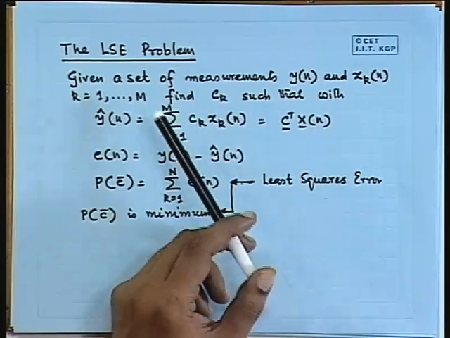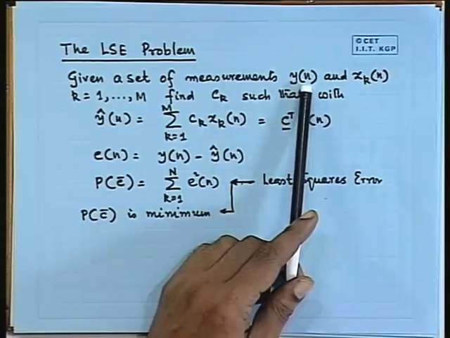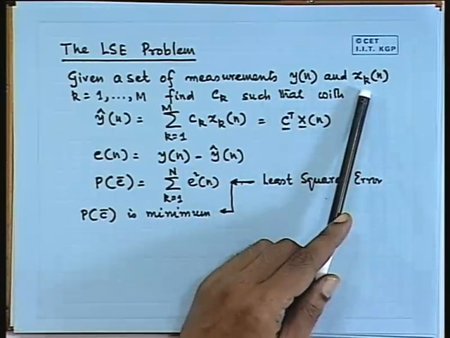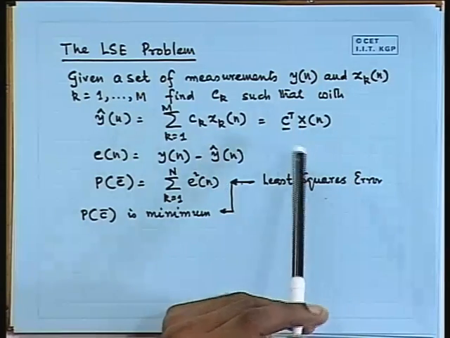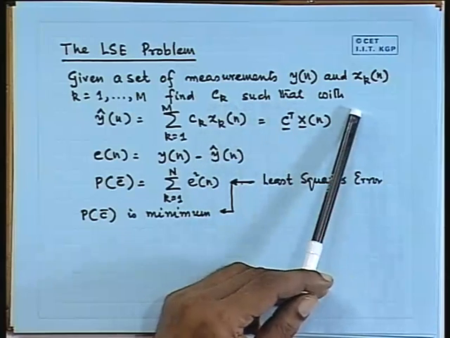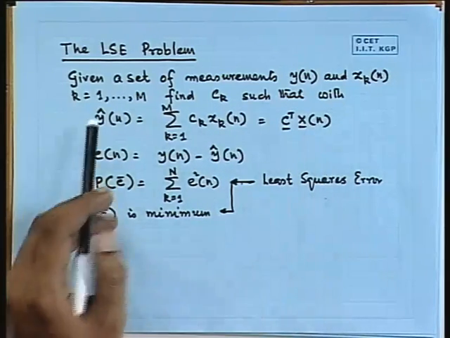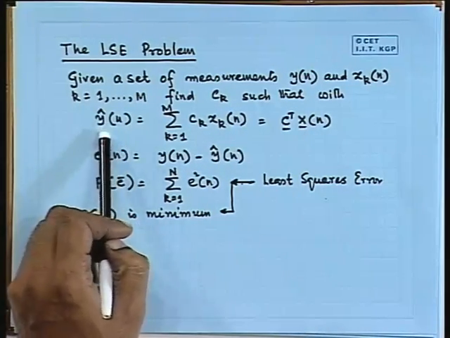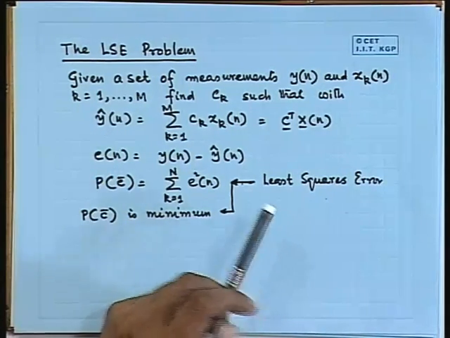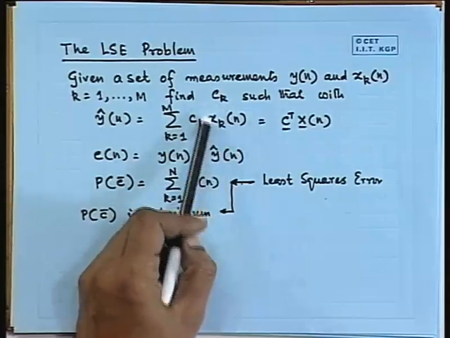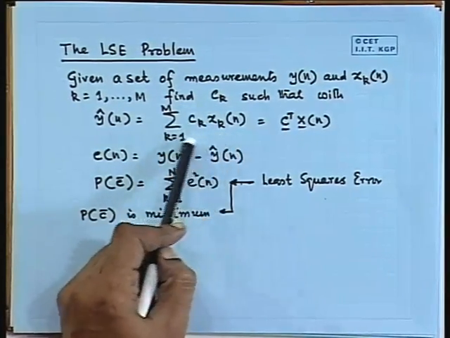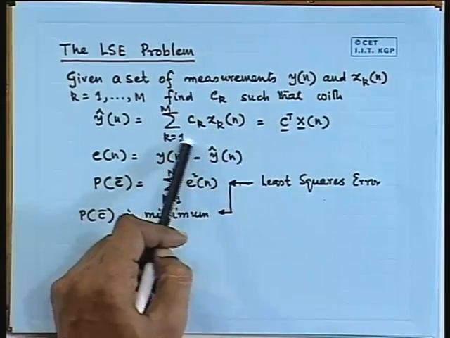Only thing is that it says that given a set of measurements yn and xkn, we want to find a set of coefficients ck such that if we compute an estimate y hat n, this is not yn, this is y hat n, using m values of xkn, and then weighting them linearly with ck. So this is an FIR filtering of xkn.